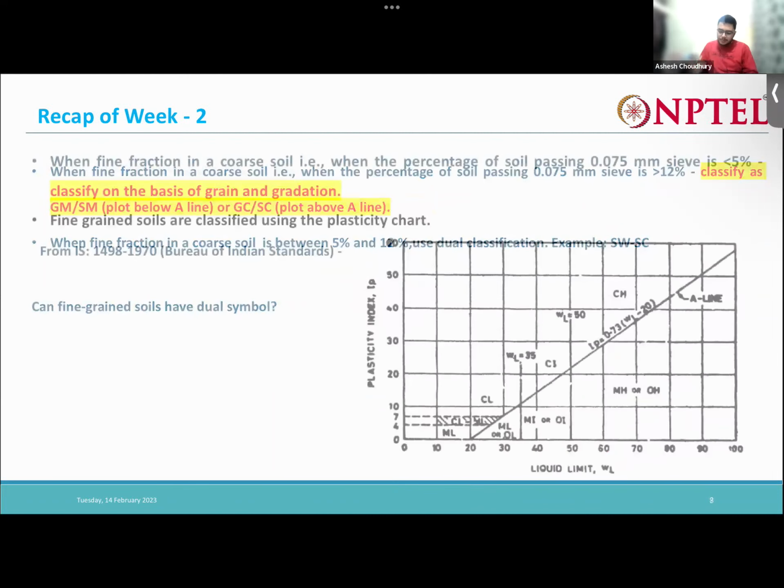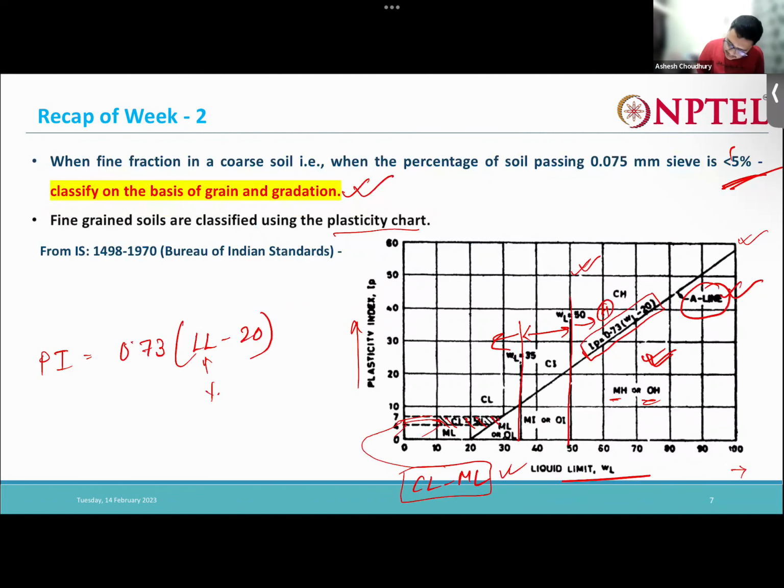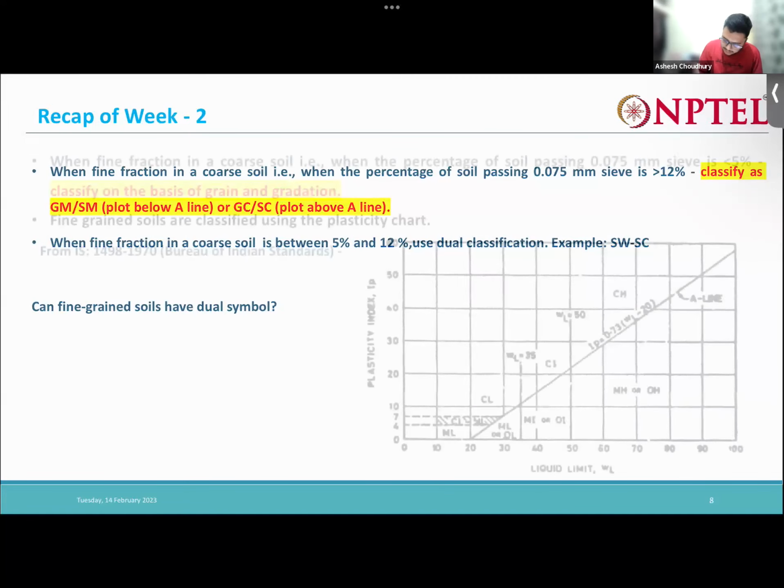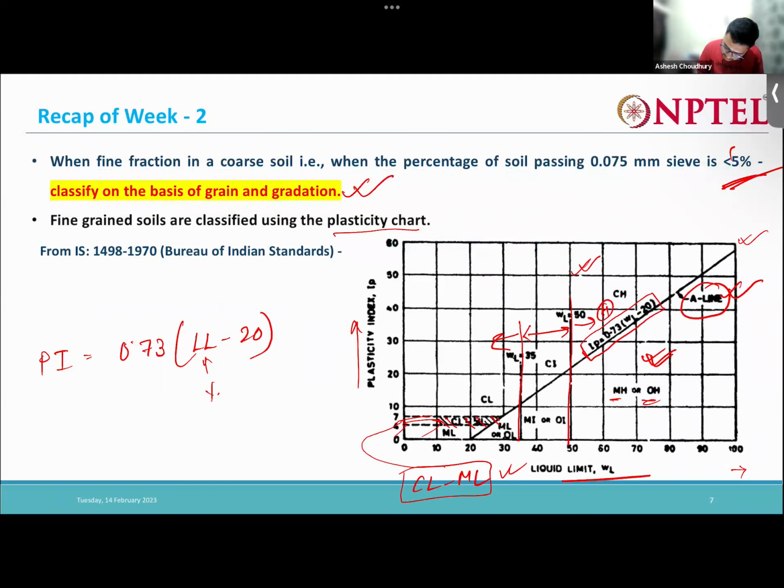As you told, if our soil is very close to the A line, very close to the A line here or here, these are the points. If these are the points, then our fine grained soil has to be doubly classified. There have to be two symbols.